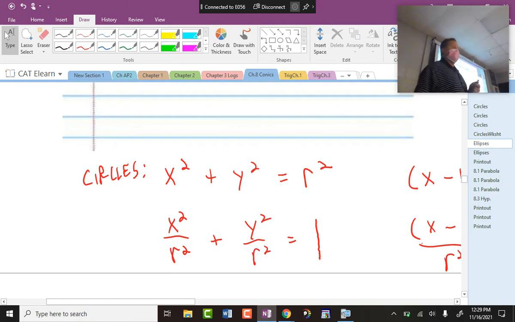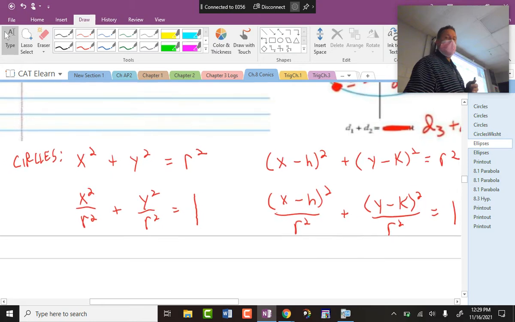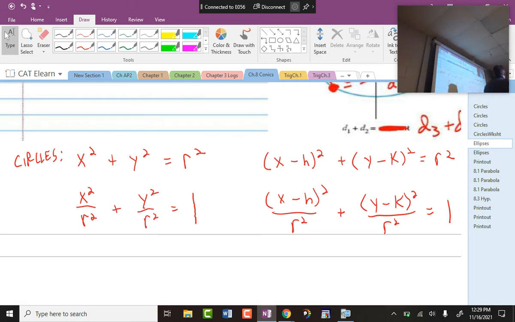And then just for giggles, as your notes are going to continue tomorrow, remember a circle that's not centered at 0, 0 is centered at h comma k. So I could do the same thing with that. I could divide both sides by r squared, and then that would be that formula.